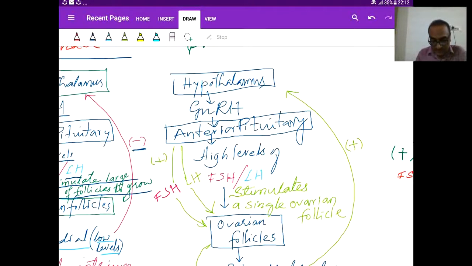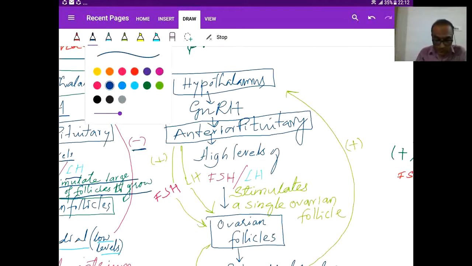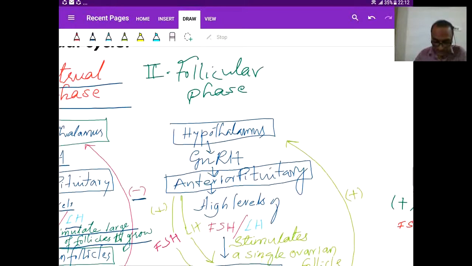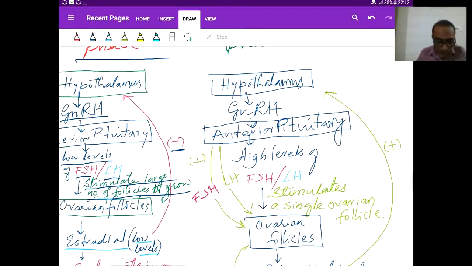The hypothalamus is releasing the hormone GnRH, as we know, which stimulates the anterior pituitary, and here higher levels of FSH and LH are released. Why are the higher levels being maintained? It is because of the positive feedback.